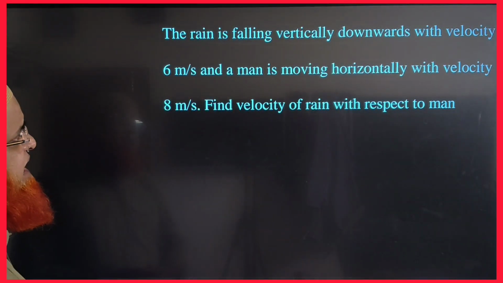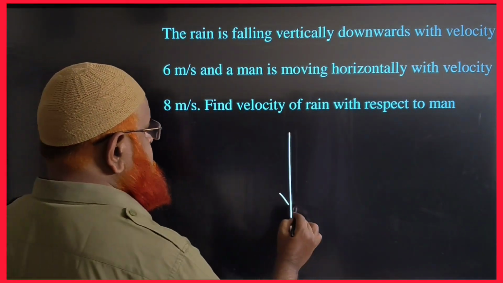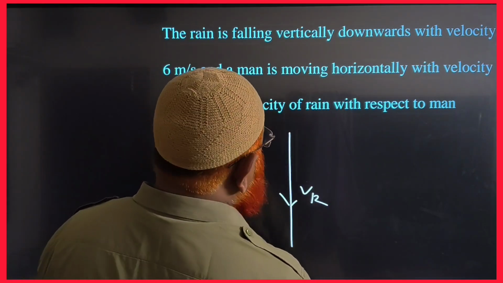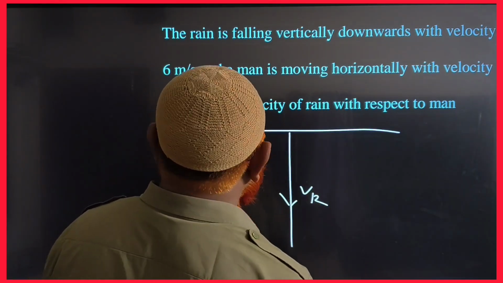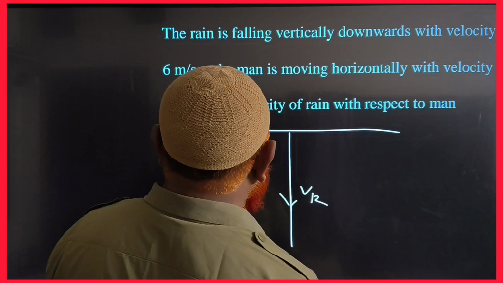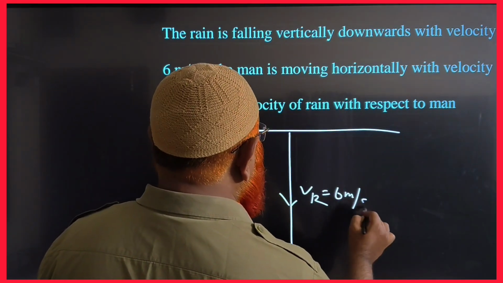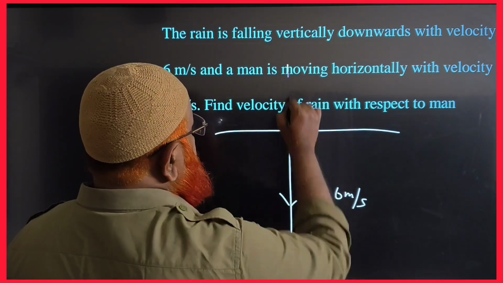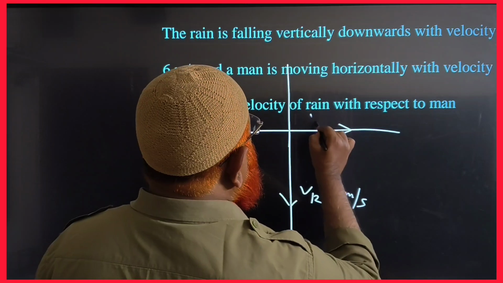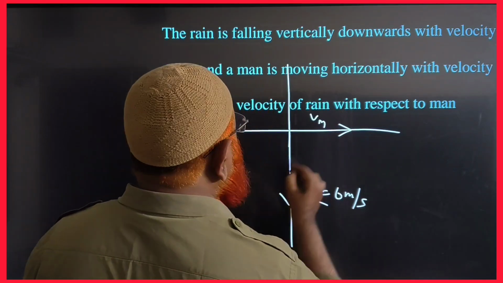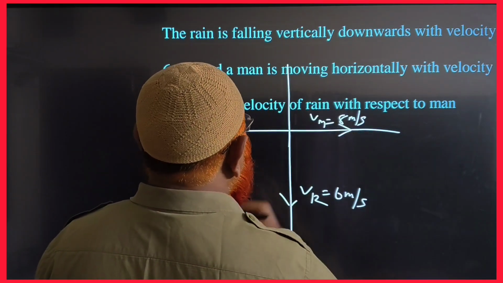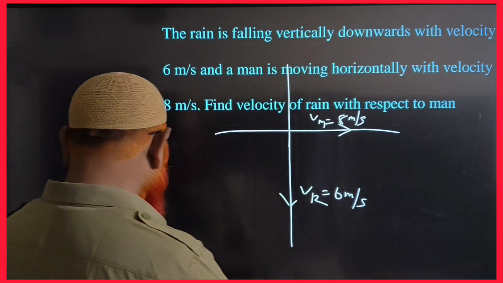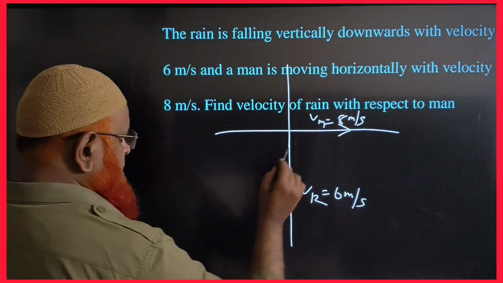Now just see here. Rain is falling vertically downwards with a velocity of 6 meters per second, and a man is moving horizontally with a speed of 8 meters per second. Find the velocity of rain with respect to man. Stop the man.